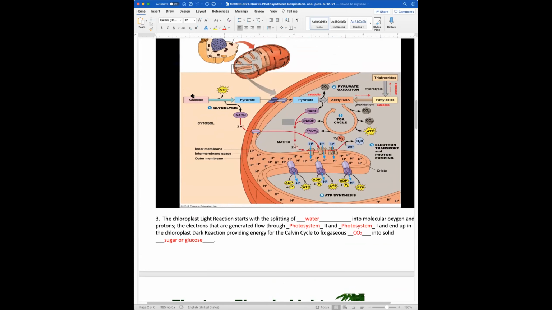If you're starving, you're not getting any sugar, so this part of the pathway would not be operating, but you have energy stored as fat, as triglycerides. They would be oxidized to fatty acids, which can be further oxidized to acetyl-CoA, the first step of the Krebs cycle. So oxidative phosphorylation could still go on, even if you were starving.